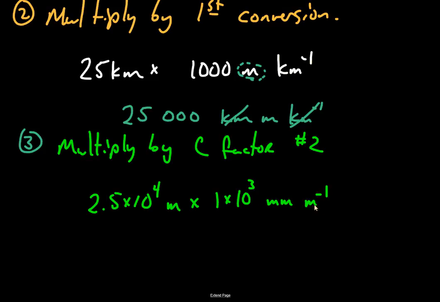I think you can see that what you'll get here is 2.5 times 10 to the 4 plus 3, which is 10 to the 7. Meters will cancel off, and there's your answer in millimeters.